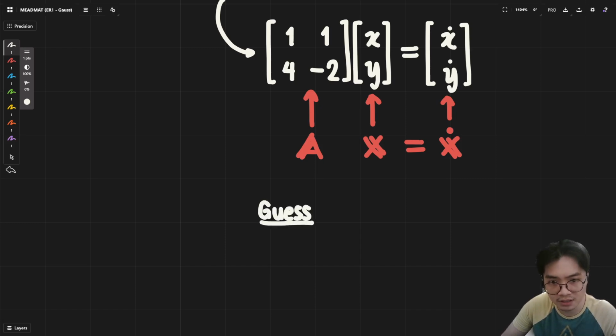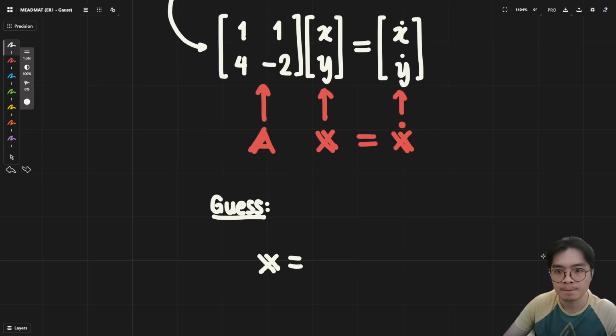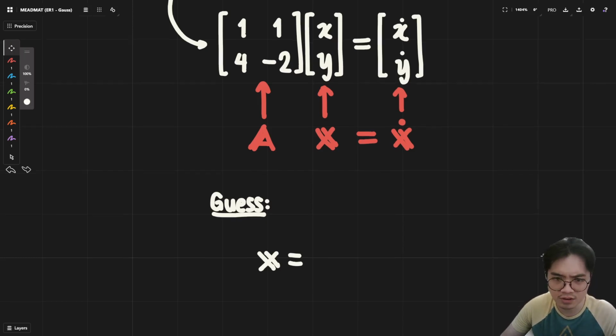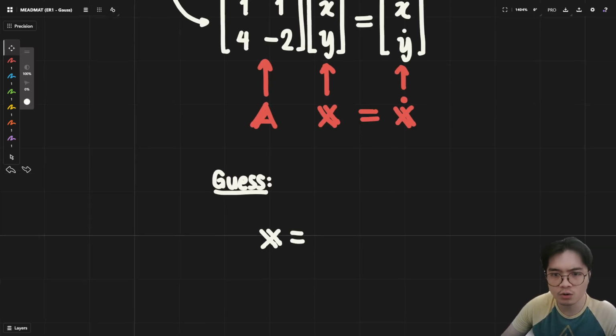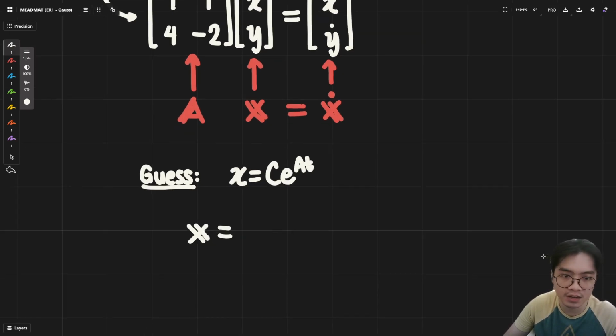Let's have our little guess here, because we already solved the differential equation version of this. If it were just numbers instead of matrices, our guess would be c e raised to at. But I want to be very clear that this will not work as a matrix, because this is just a number.